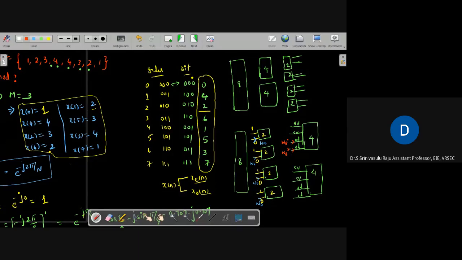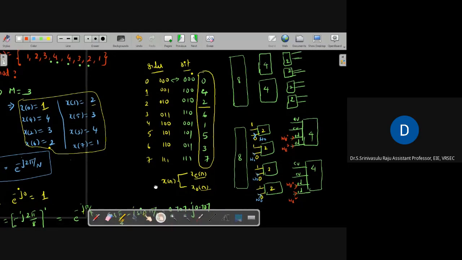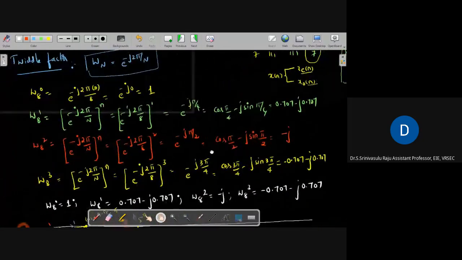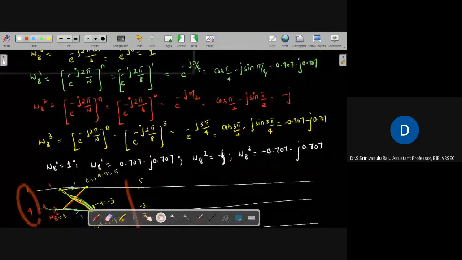Don't think about that one. You know the values. W8 of 0 is 1. W8 of 2 is minus j. So you can multiply those values.